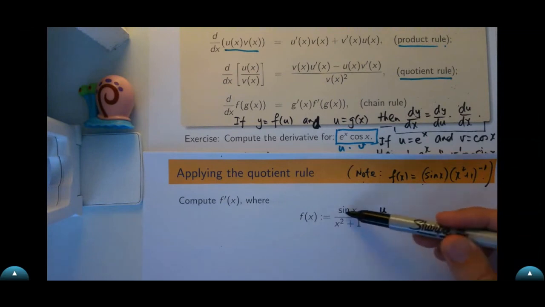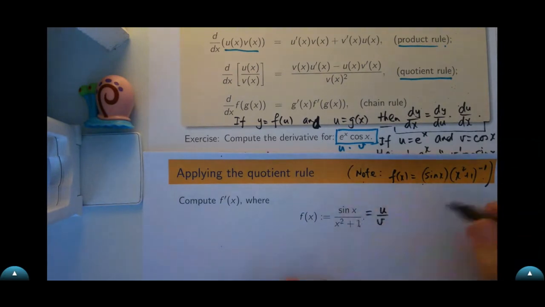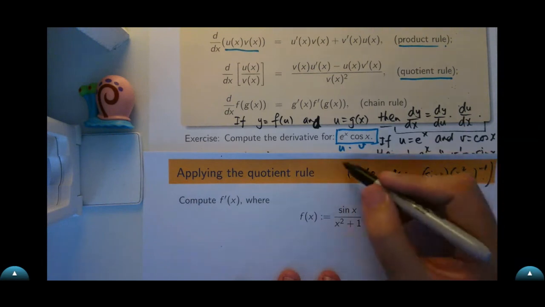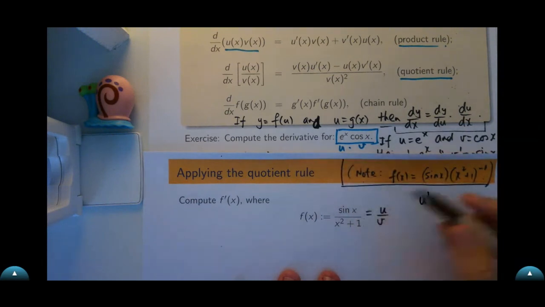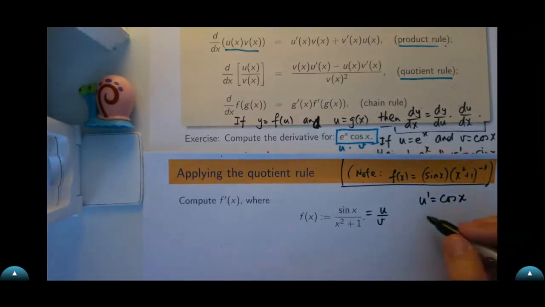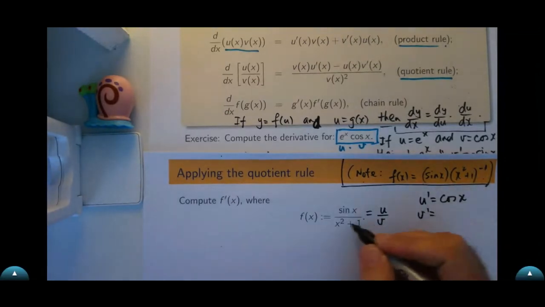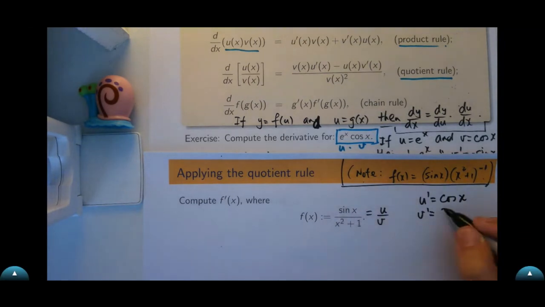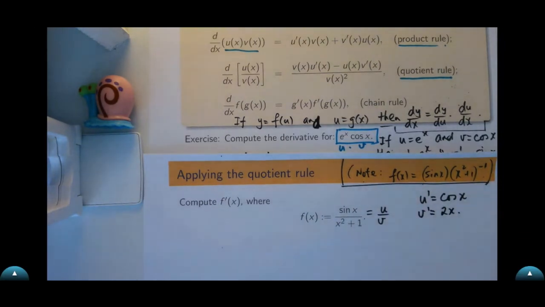So if u is sine x and v is x squared plus 1, the u dash is going to be cosine x. And v dash, if I differentiate x squared plus 1, it's just 2x.